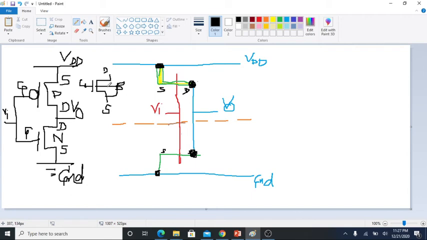It always points from P to N, and for NMOS your substrate is of P type and channel is of N type, so the arrow will come here. So basically there is a common connection between source and body. For this you can make a cross which shows the source's connection to the substrate, with the cross sign. So this is your stick diagram of CMOS inverter.